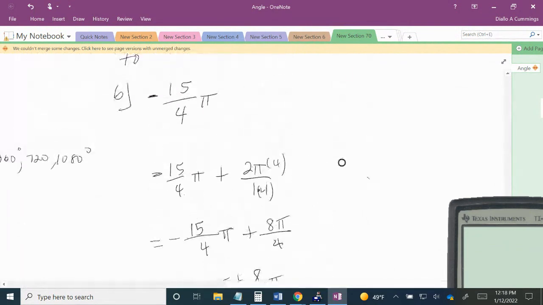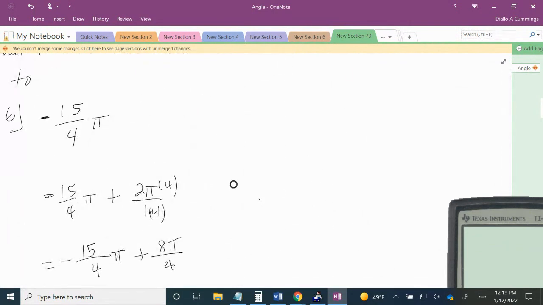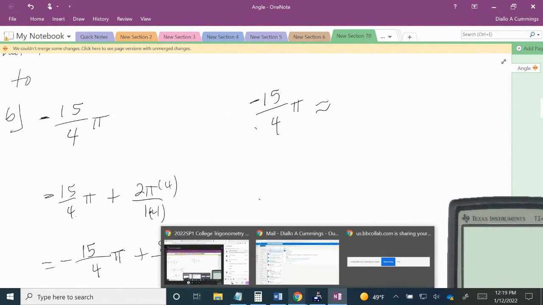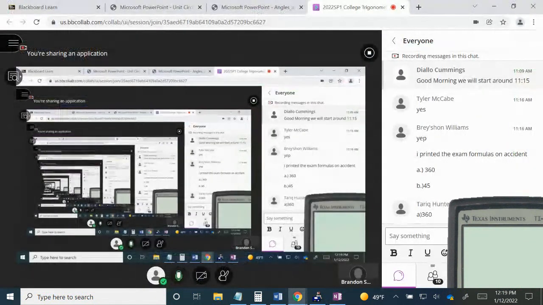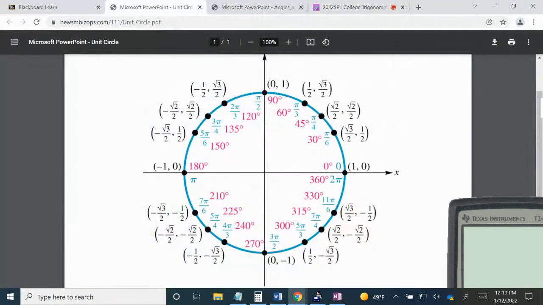Right, now here's another way we can do the problem. We can take negative 15 pi over 4 and convert it to degree measure. So one thing I want you to see when you quickly convert a radian to a degree, okay, you can multiply by 180 over pi and convert. But here's an easier way to convert. If I go back to the unit circle, here's what I want you to notice.